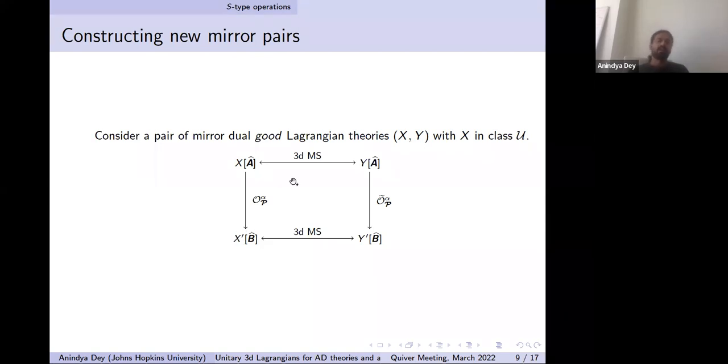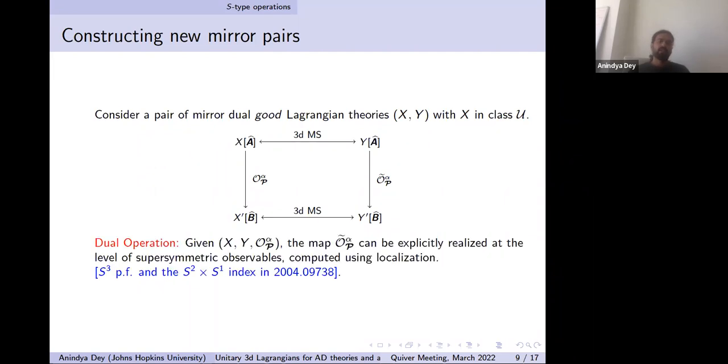Okay, but the same map also acts on the dual theory Y, and gives some theory Y prime. Now, by virtue of the construction that I just presented, you know that X prime is a Lagrangian theory because it was just a quiver operation. So the operation produces a Lagrangian theory. It's not clear that on the other side, you'll get a Lagrangian theory. Okay. So that's something that you need to figure out.